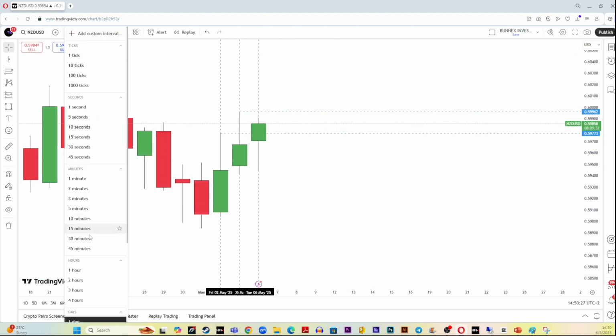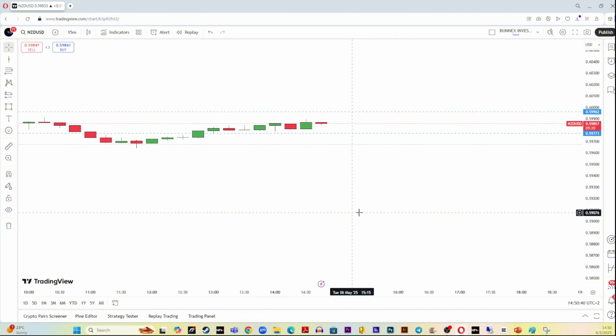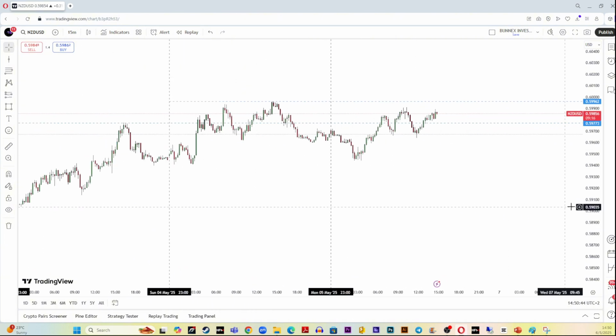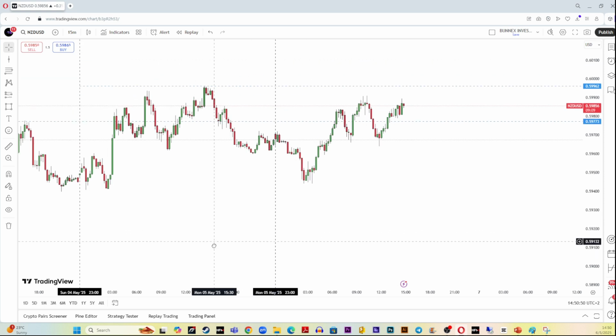If we go on the M15 time frame, so on the M15 time frame, this is how it looks like.